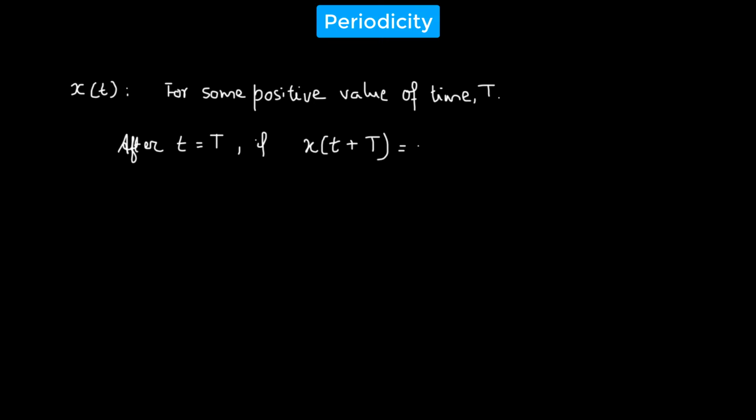If this gives back our original signal x of t, then we say that x of t is periodic in nature.